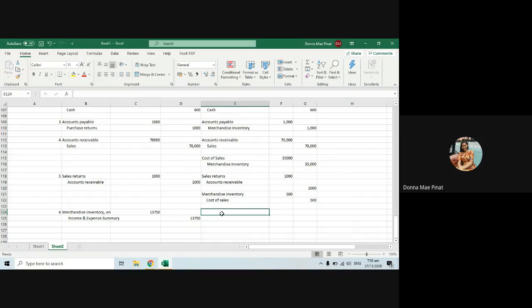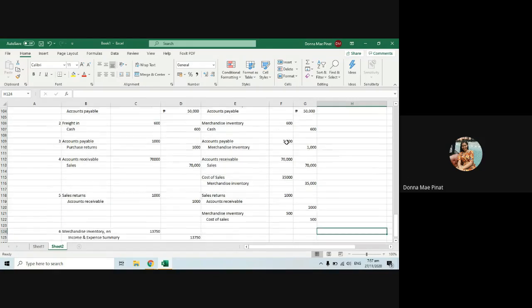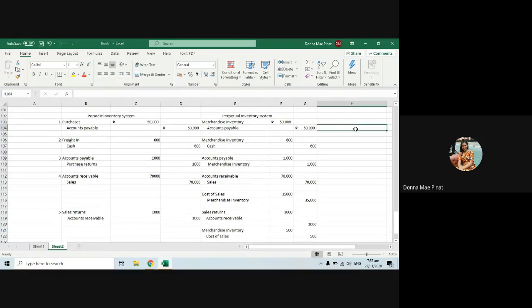Okay, how about here? Before you record, you should analyze how much your merchandise inventory is. Let us trace it. This is for MI.